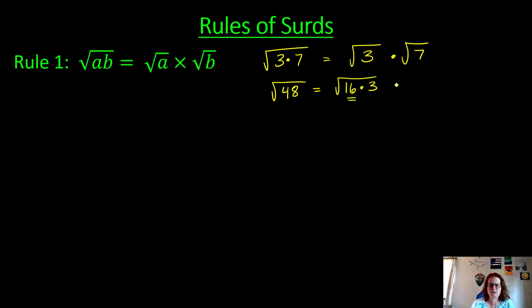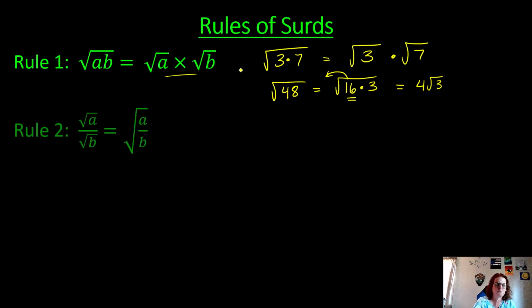I can take the square root of 16, it will come out, and I get 4 square root of 3. Now, this will be in the next lesson, but I just want to show you why we're worried about these rules here. Rule number 2. Square root of a over the square root of b, I can simplify into the square root of a over b, just one whole fraction. Or I can go back and forth, so this can go either way.